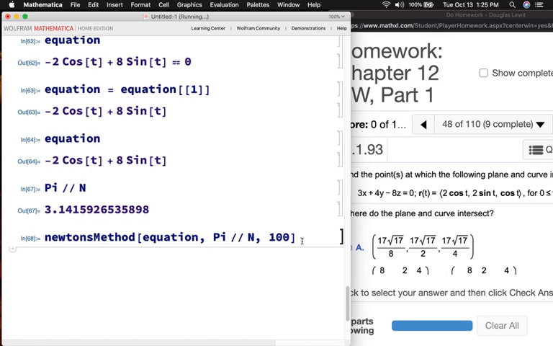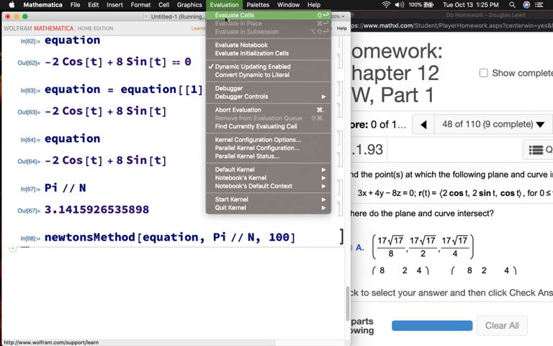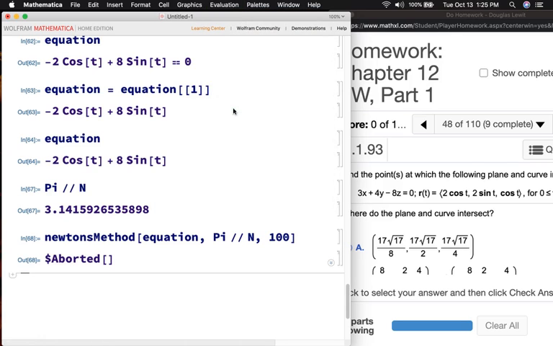And it's still taking a pretty long time. Oh, you know what I think? Hold on one second. Again, let's abort the evaluation.